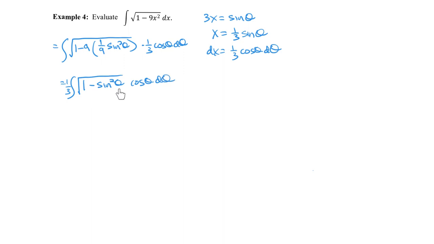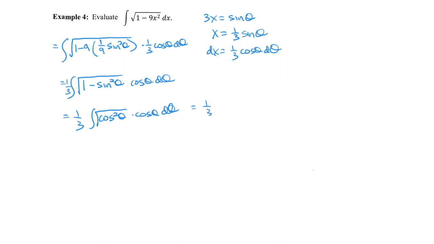And we'll get all these nice cancellations. Isn't 1 minus sine squared theta just cosine squared theta? So this is really just 1/3 times the square root of cosine squared theta times cosine theta d theta. And the square root of cosine squared is just cosine, right?